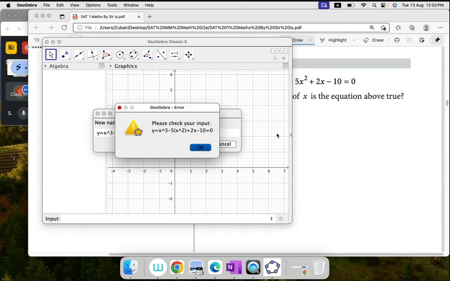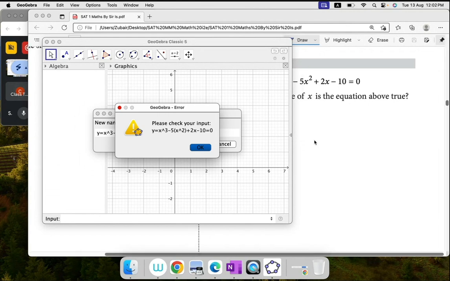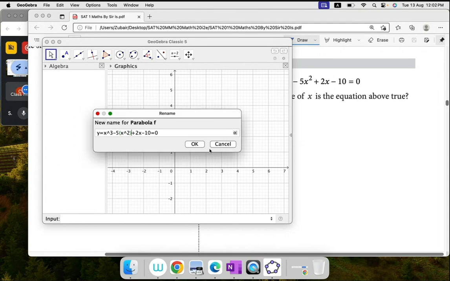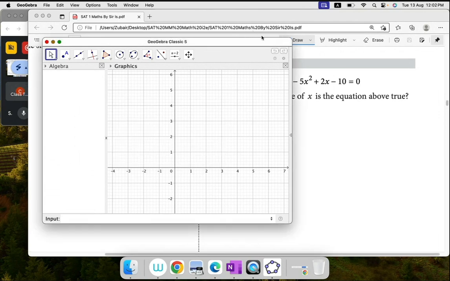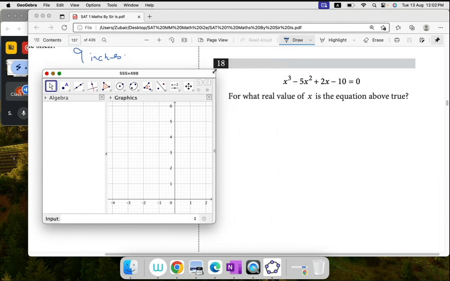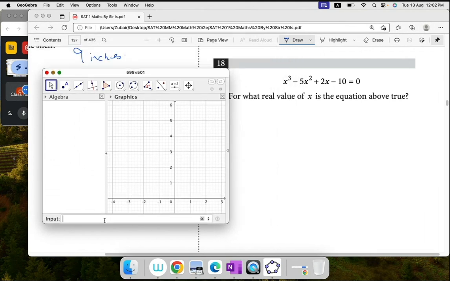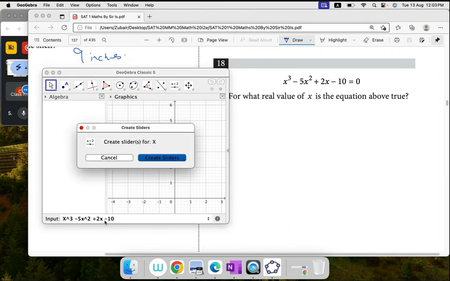I thought GeoGebra was supposed to be friendly. This is not seeming very friendly, sir. No, Desmos is more friendly. Maybe I'm making a punching problem. Let's try x cube minus 5x square plus 2x minus 10. Create slider for x.